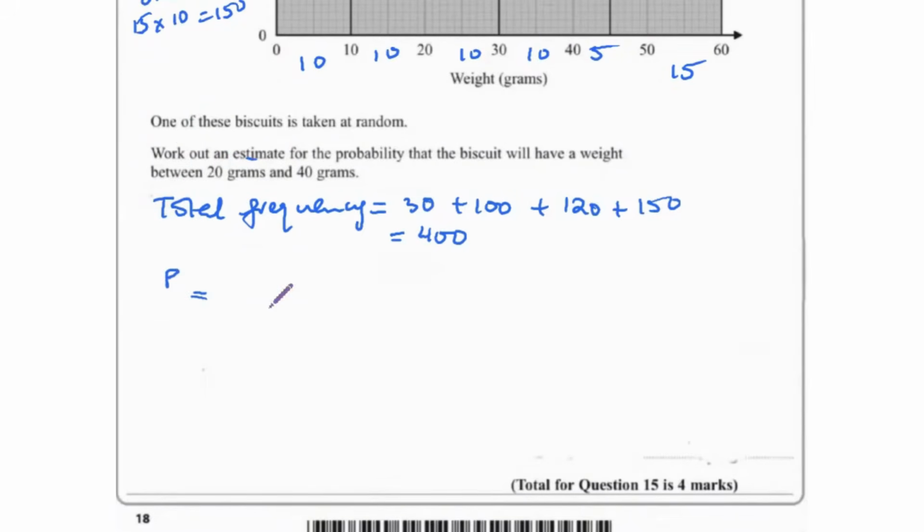Probability is going to be 50 plus 80 divided by 400. That's 130 over 400. And that can be simplified to 13 over 40. If you want to leave it as 130 over 400, that's also fine. If you want to simplify it, you can also simplify it. So that's your answer.